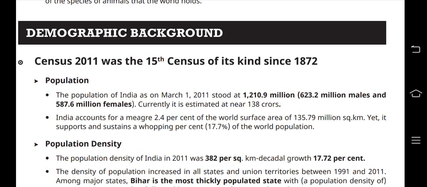Currently it is estimated at near 138 crores. India accounts for a meagre 2.4% of the world's surface area of 135.79 million square kilometer, yet it sustains a whopping 17.7% of the world population.